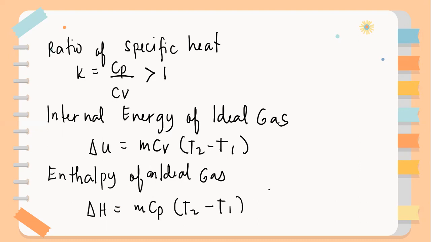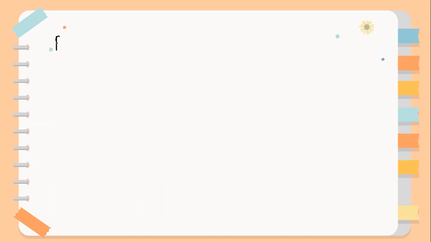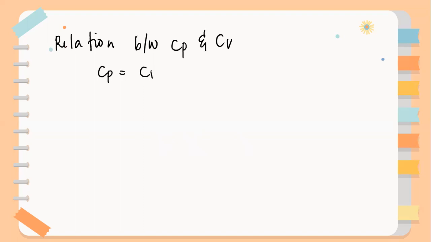Now, we have the relations between Cp and Cv. That is Cp is equal to Cv plus R, where R is the specific gas constant, Cv is the constant volume specific heat, and Cp is the constant pressure specific heat.